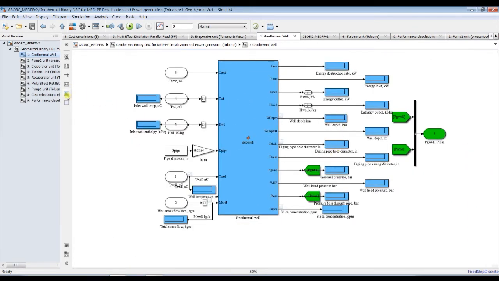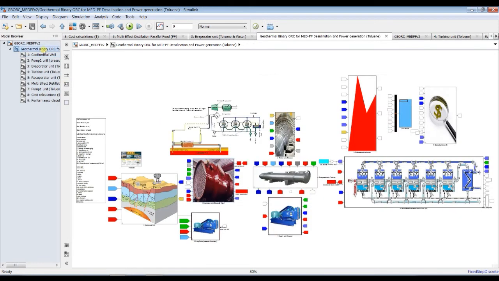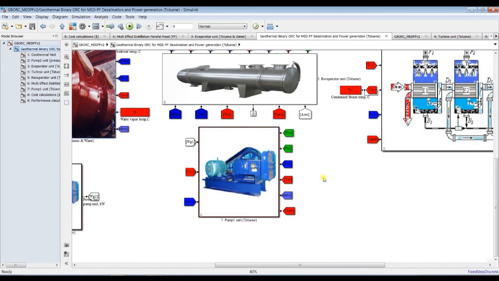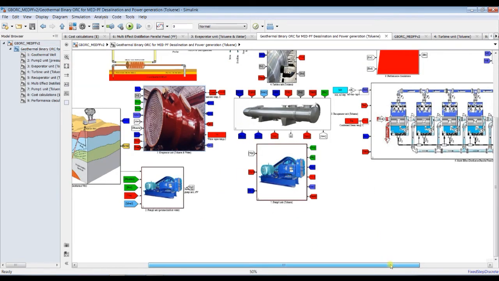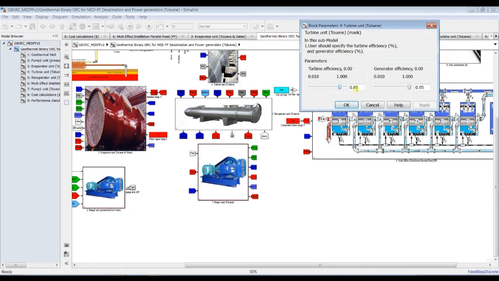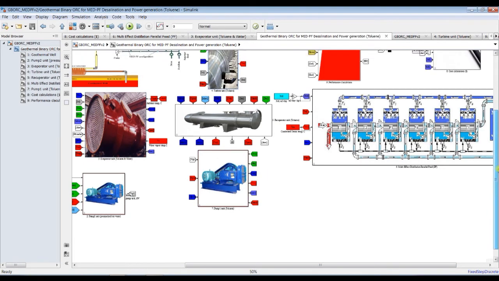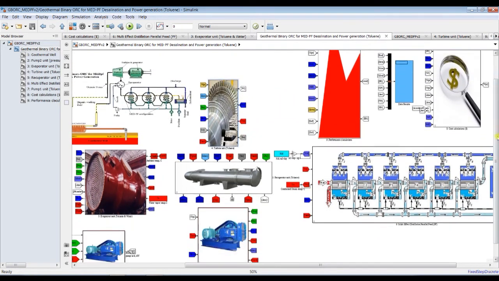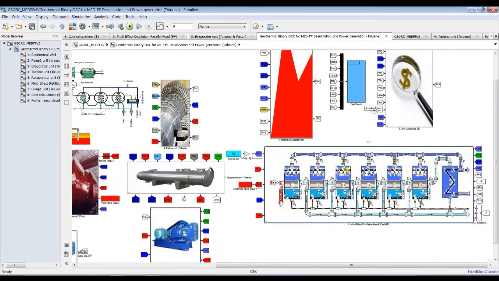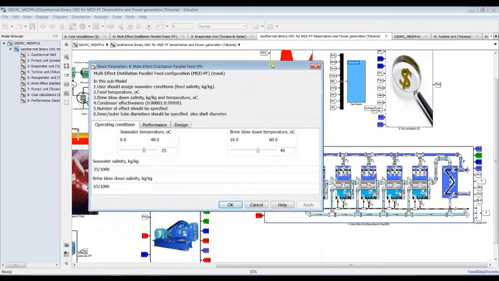Lower effectiveness of the boiler heat exchanger means you have to dig more and more in order to extract your steam. Therefore, okay, this is a turbine unit. We have to assume just the efficiencies of turbine and generator.